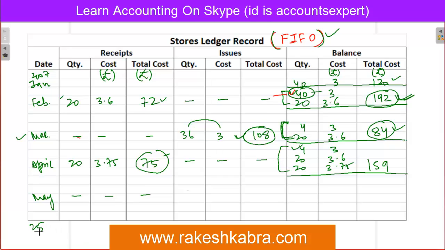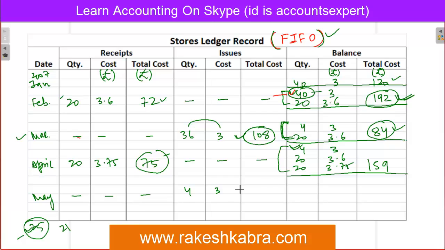To sell 25, as per the first in first out method, we will assume that first we sold 4 units. For these 4, the rate is 3. Okay. Then remaining 21 units, because we are to sell 25 units, no doubt. Understood this? 4 units we sold from this one, because this is the old purchase.